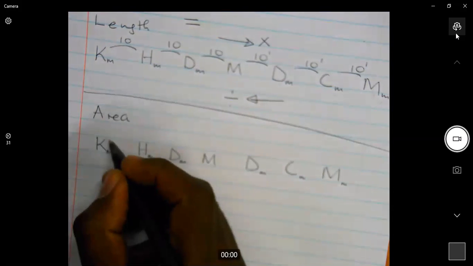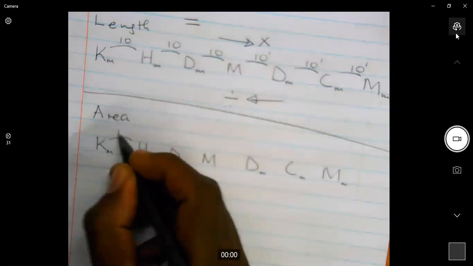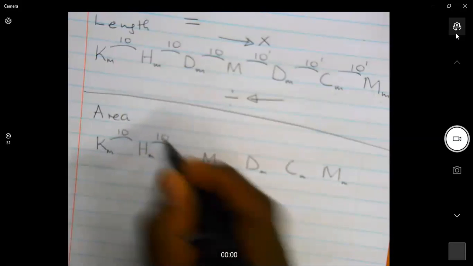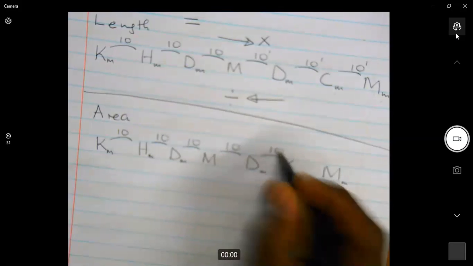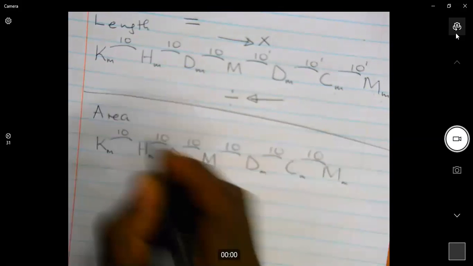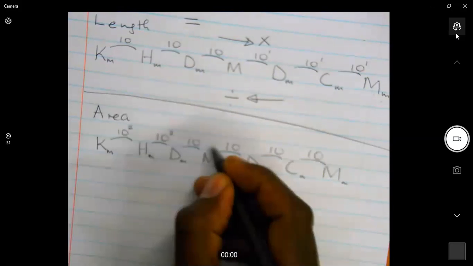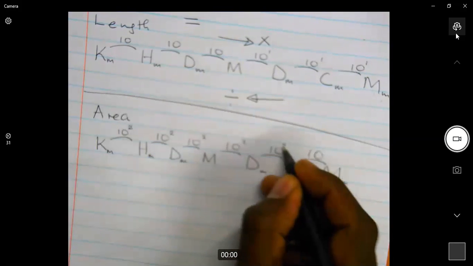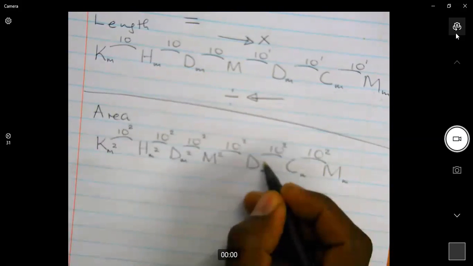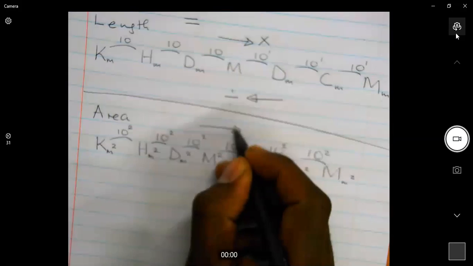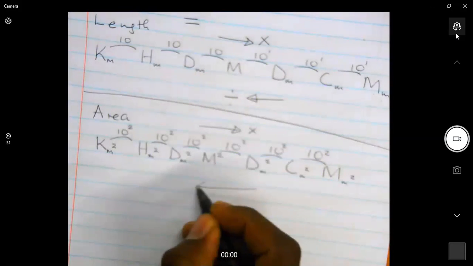We had 10 as the step for length. Now the steps are going to be 10 squared, which is 100. You're squaring everything, and your units are now square kilometer, square hectometer, square decameter, square meter, square decimeter, square centimeter, square millimeter. Again, when you move from big to small, you multiply. When you move the other way, you divide.